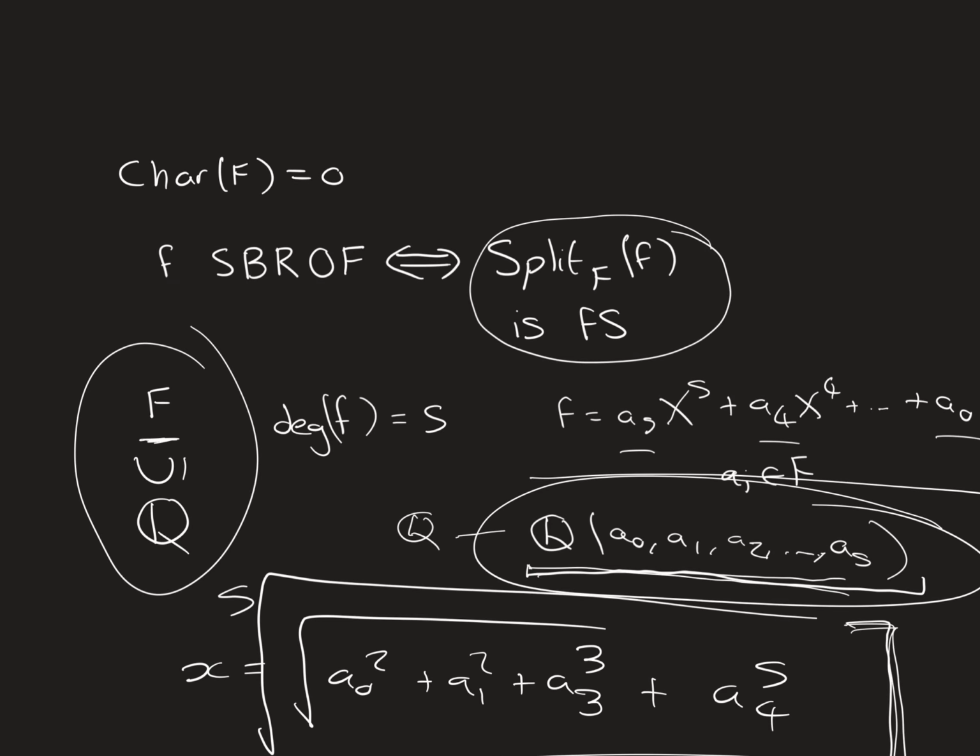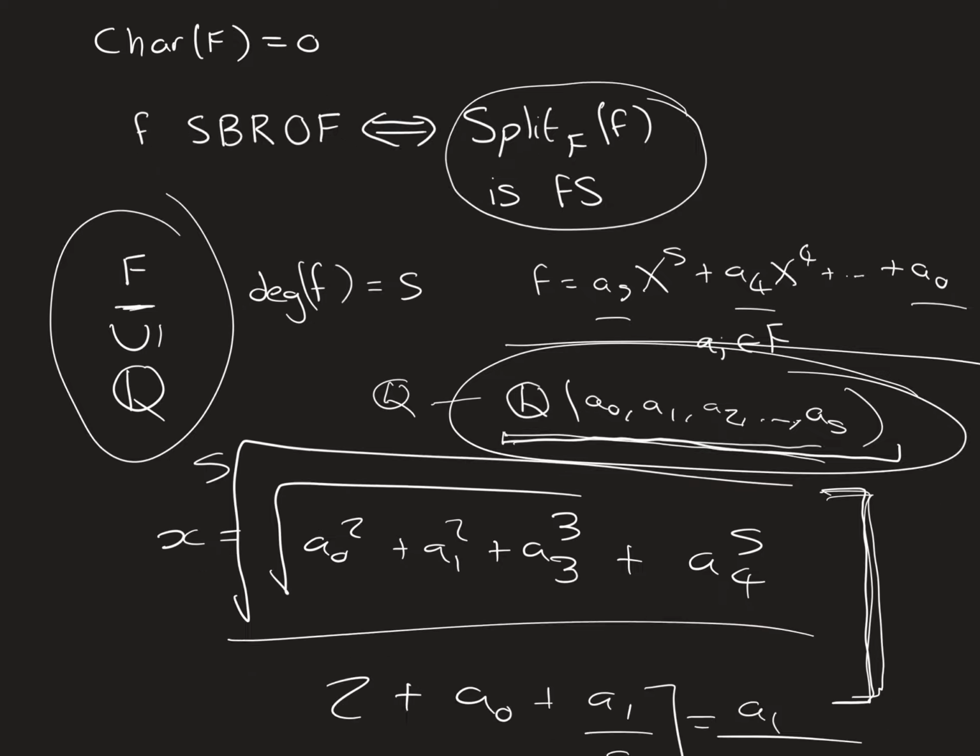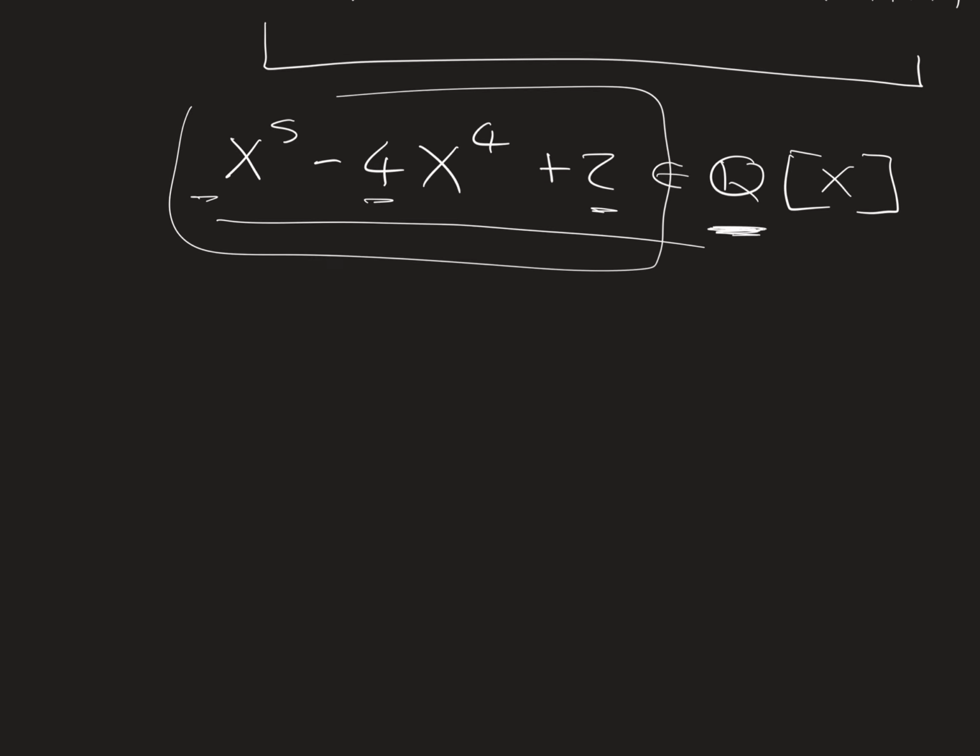So how am I going to show then that it's not solvable by radicals over the rational numbers? Well, I'm going to show you that its Galois group is not finite solvable. So the Galois group over the rational numbers of this polynomial. Remember, we're trying to show that it's not solvable by radicals over the rational numbers, so we need to show that its splitting field over the rational numbers is not a finite solvable extension.